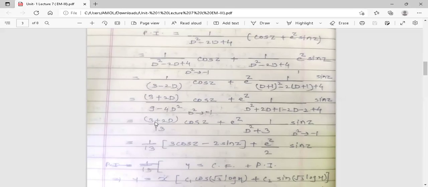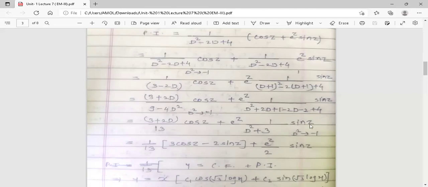Now solve this bracket term 3 plus 2D for cos z. 3 into cos z, 3 cos z, then plus 2 as it is, D of cos z, where D means derivative. You know that capital D means derivative and 1 by D means integration. So capital D into cos z means the derivative of cos z, which is minus sin z. That's why the minus sign is here, minus sin z. This term is solved. Now the next term plus e raised to z as it is.